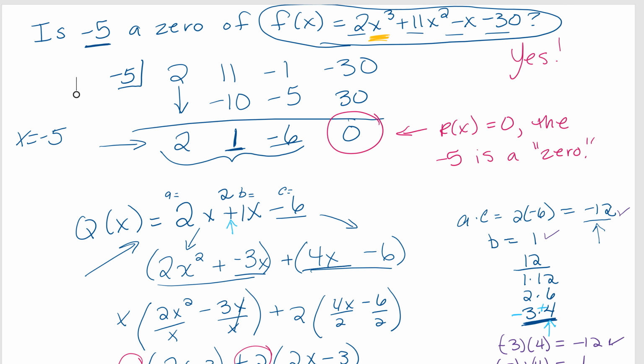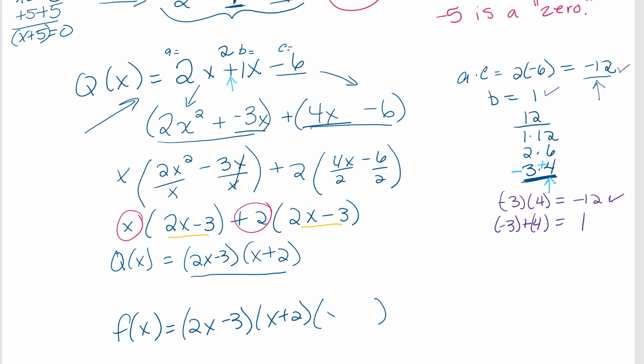So if I needed this set equal to 0, I could move this over, I would have x plus 5 equals 0. And this x plus 5 right there becomes your other factor. So this is going to go right here in our factored form of our function. And now we have all three factors.